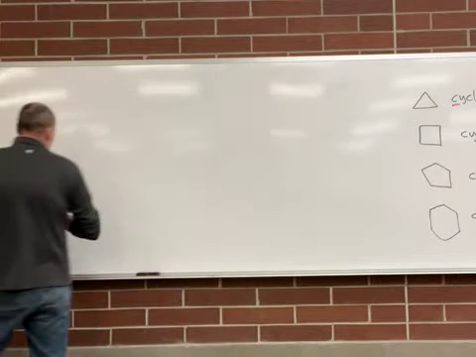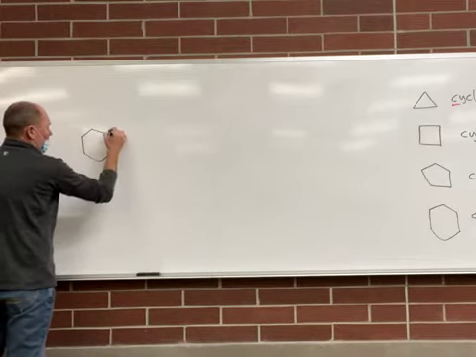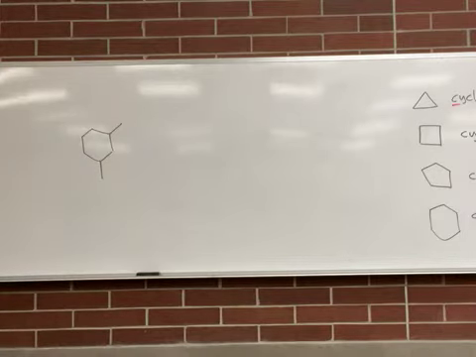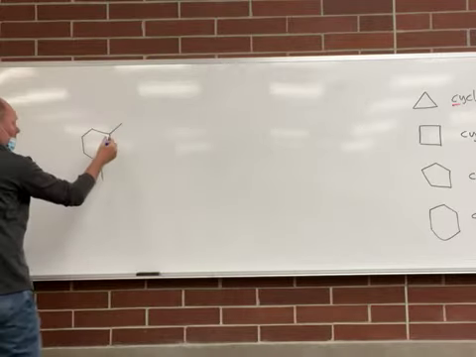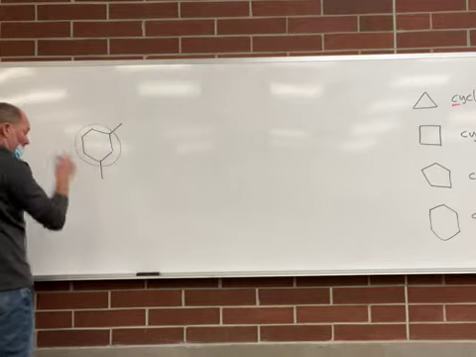So if I have something that looks like this, the cyclohexane is the base name. So we would circle that just like we did with our other rules. So that becomes cyclohexane.